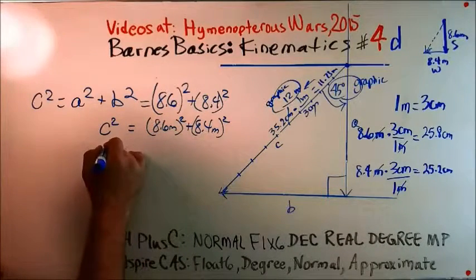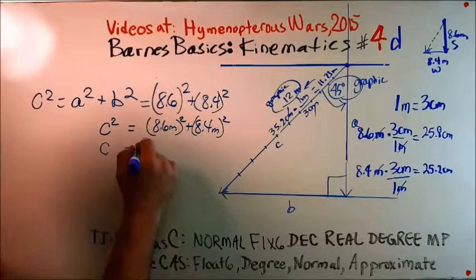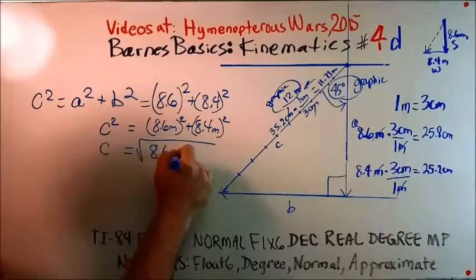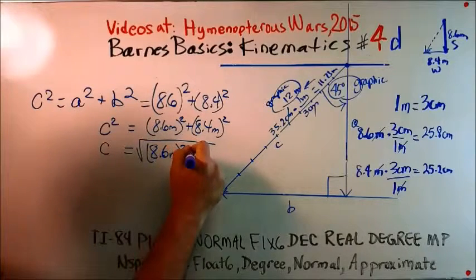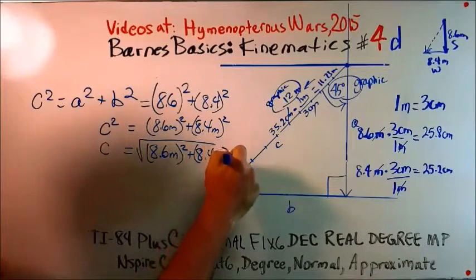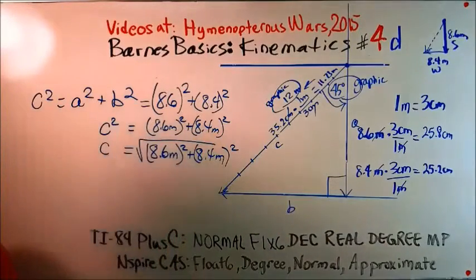So let's do this. Let's say c is equal to the square root of all that. How about that? 8.6 meters squared plus 8.4 meters squared. Let's do that.